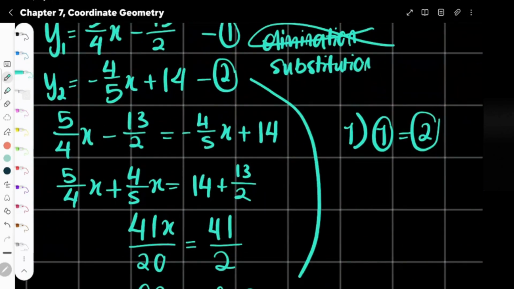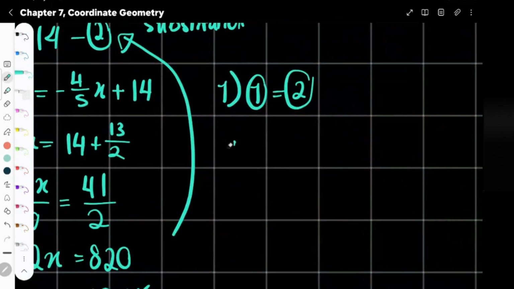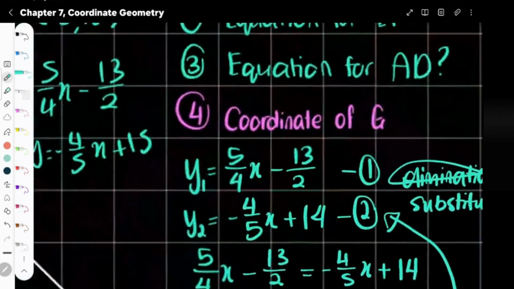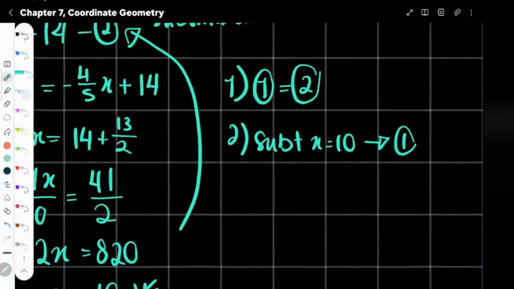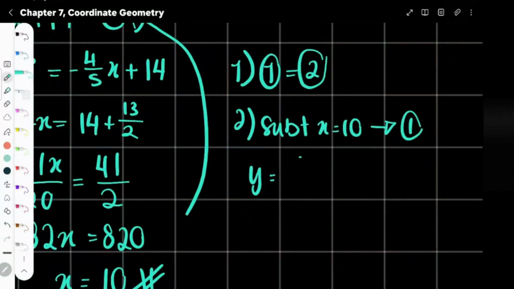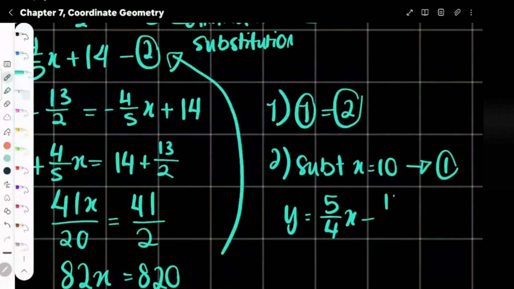We can use number 2, no, let's use number 1, it's easier. So y equal to 5 over 4 x minus 13 over 2.